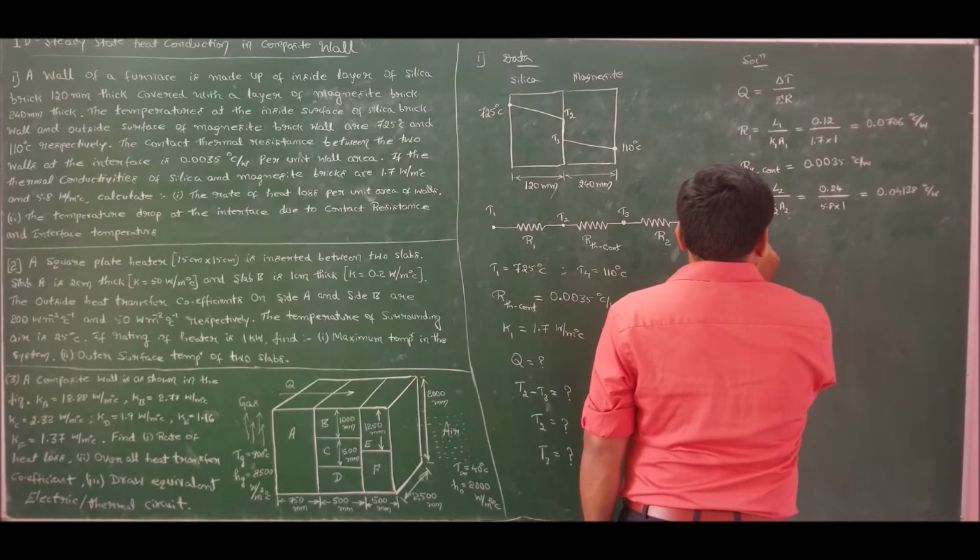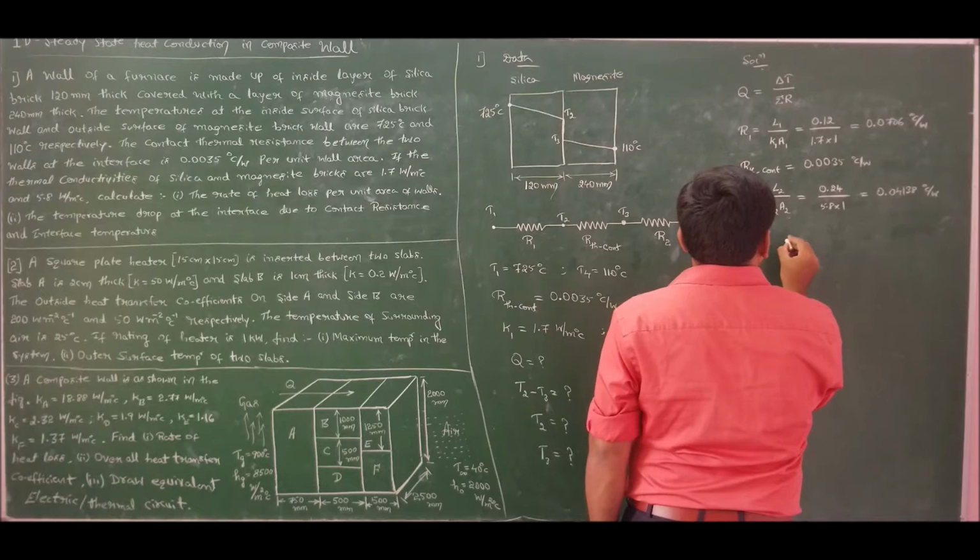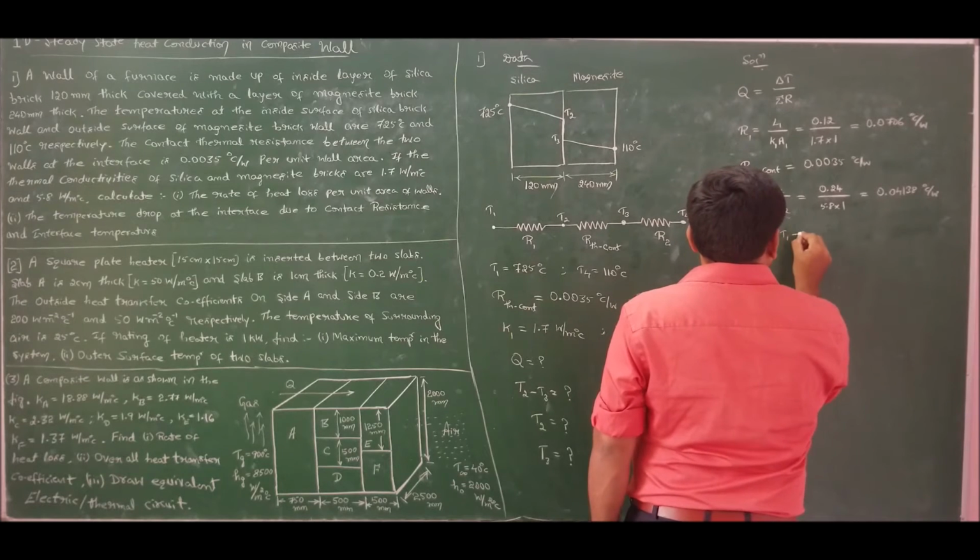Hence, the value of rate of heat transfer Q will be T1 minus T4 divided by sum of resistances.